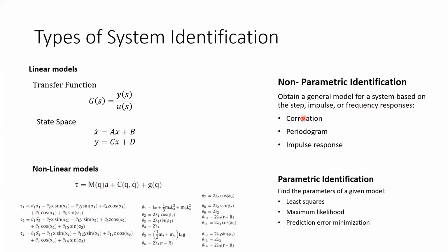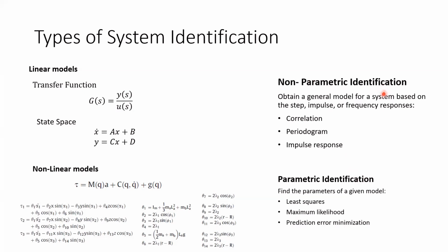That can be done using some methodologies like correlation, periodogram, impulse response again, that can be applicable. In the case of parametric identification, we already have, for example, a transfer function, and we want to find the parameters of that transfer function. It means that we are limited in the sense that we know how many parameters we have.